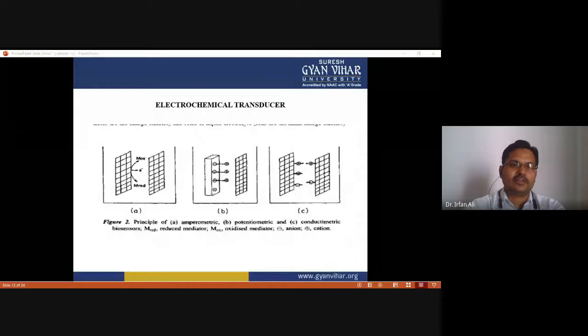Now, if we talk about the transducer, you know that the transducer is a very important element when we have to design or develop the biosensor. So, an electrochemical transducer reports changes in the form of an electrical signal, which is directly proportional to the concentration of the analyte.